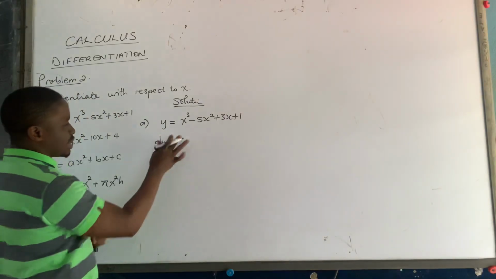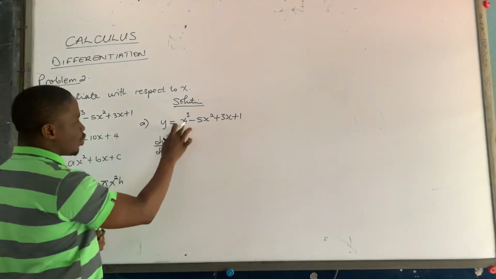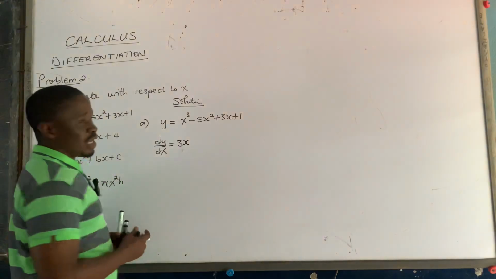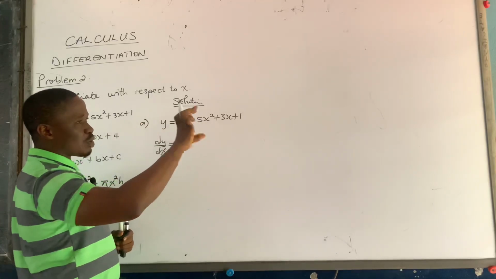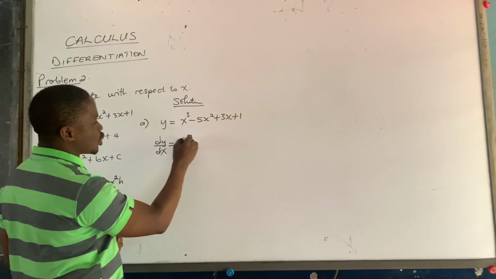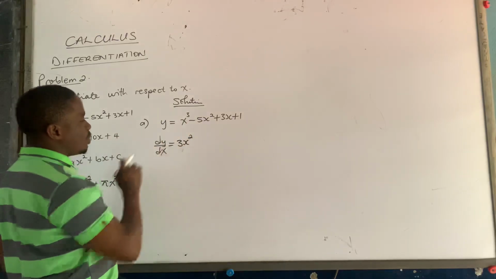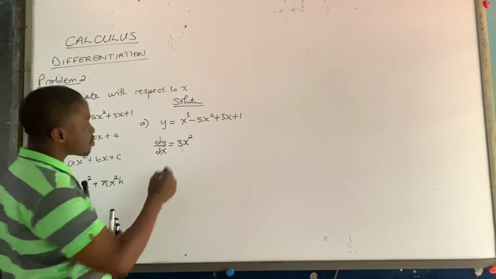Then we write the variable. Having done so, we say the power minus 1. So 3 minus 1 gives 2. So x cubed is differentiated as 3x squared.